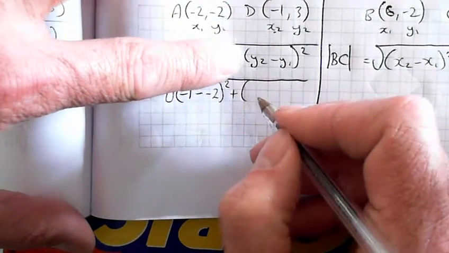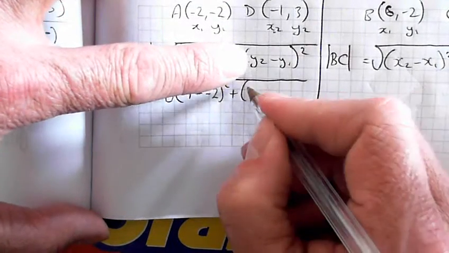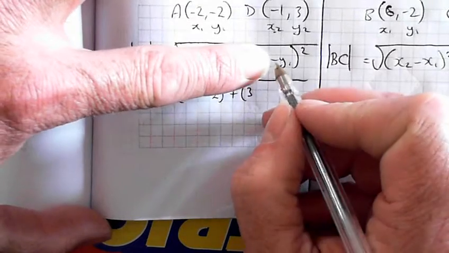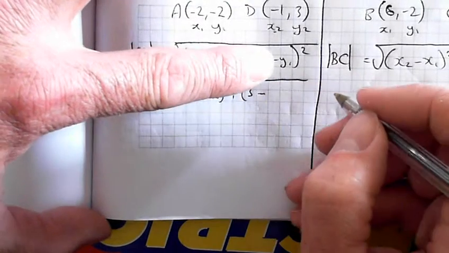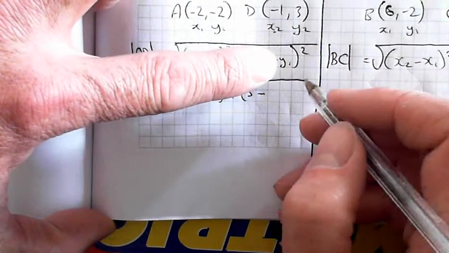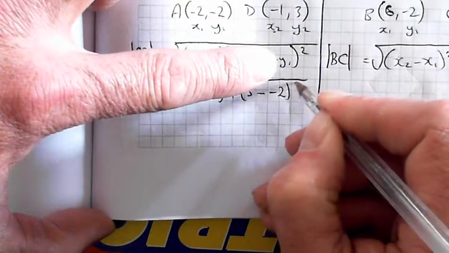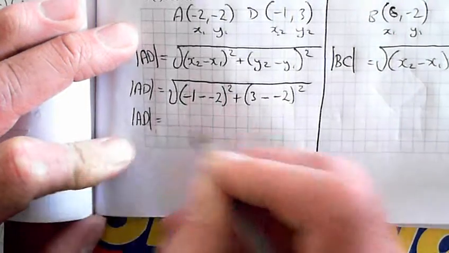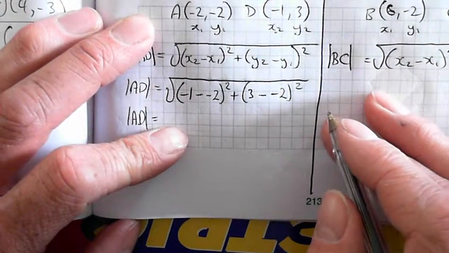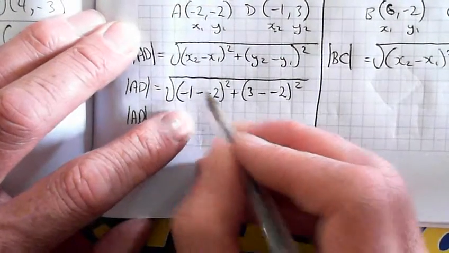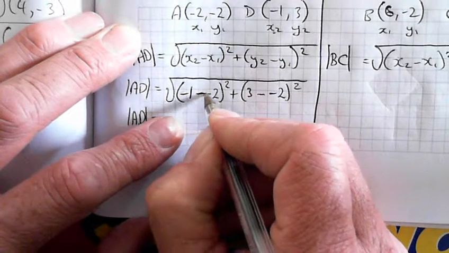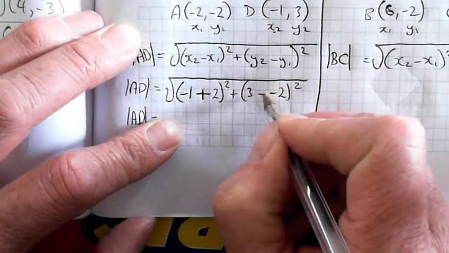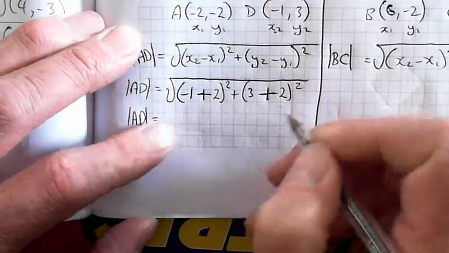Plus bracket y2, and the formula says it's minus next, and y1. Now, just for quickness sake, what's a minus times a minus? Plus. So what I'll do is take the two minuses and make a plus out of it. A minus times a minus here also gives a plus.